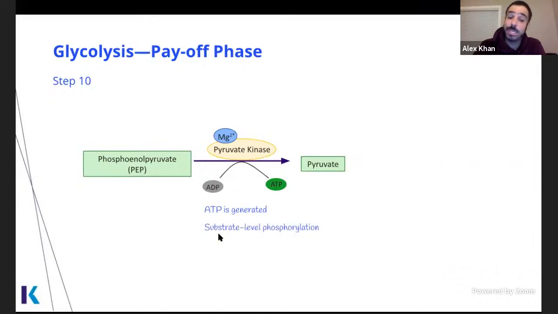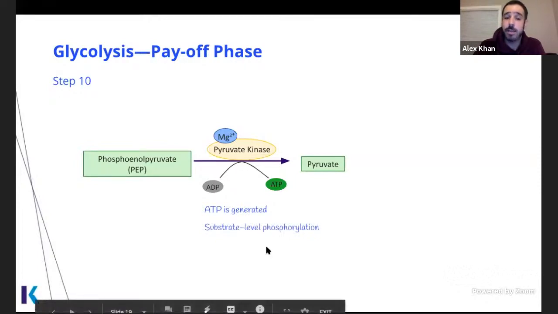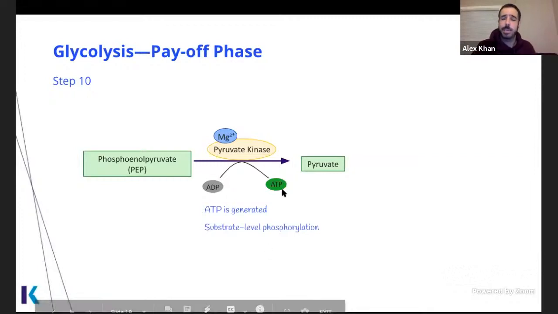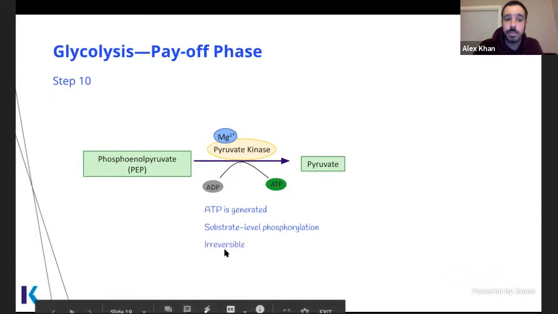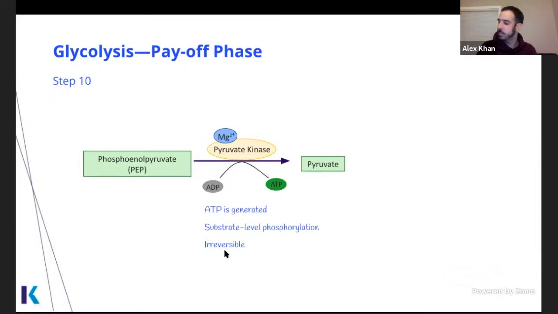We once again have substrate level phosphorylation, meaning that we're directly creating our ATP, where our energy is stored, instead of using oxidative phosphorylation in the proton gradient. And of course, irreversible. Cannot state how important this is. Super, super important. So that's pretty much it for glycolysis.